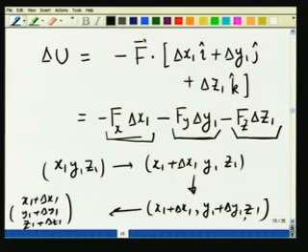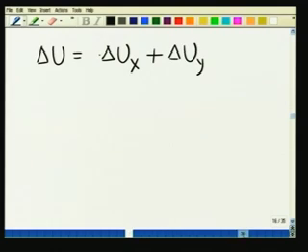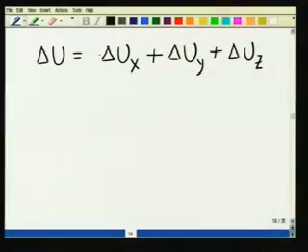If you like, I can call this delta u, which is equal to the change in u when I move along the x axis, plus the change in u when I move along the y axis, plus the change in u when I move along the z axis. When I move along the y axis, there is no work being done against f x. I am moving perpendicular to f x.